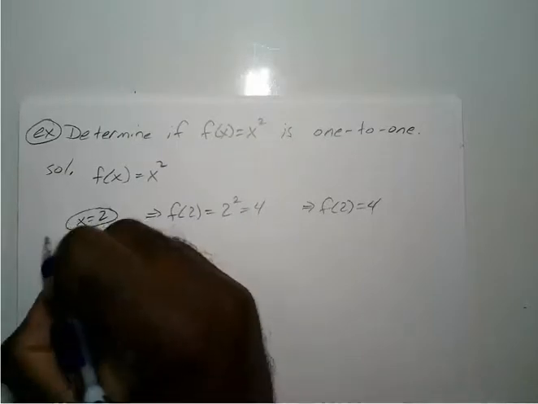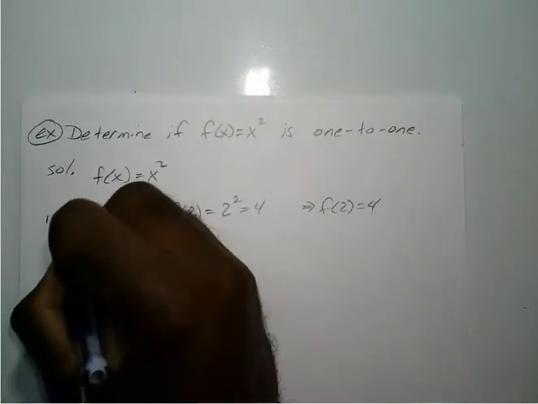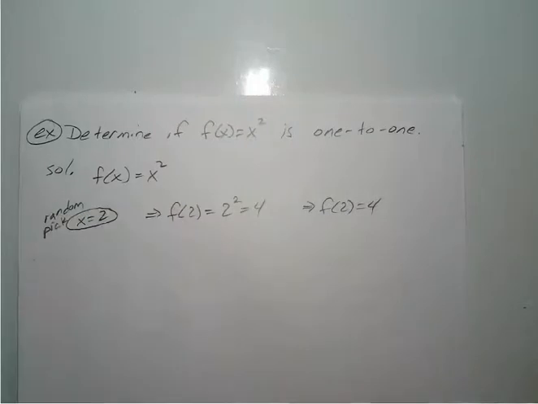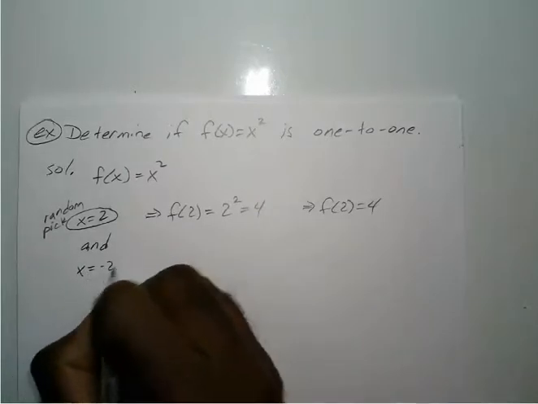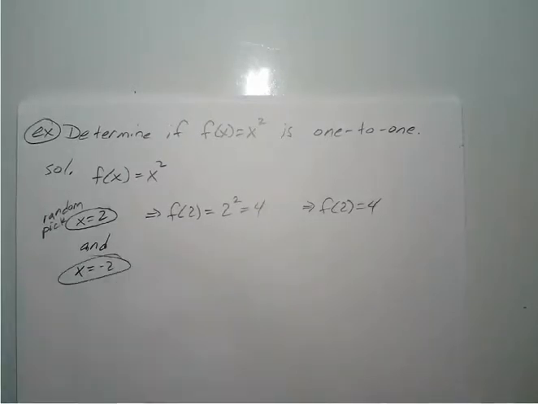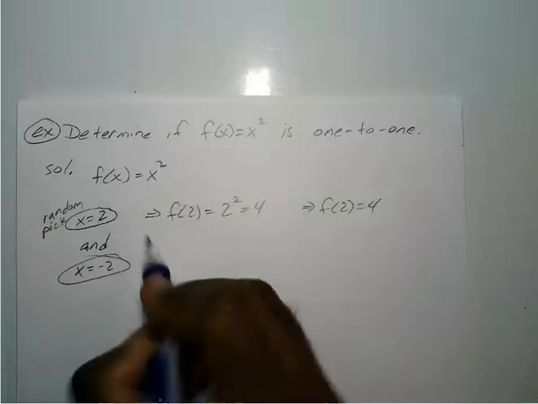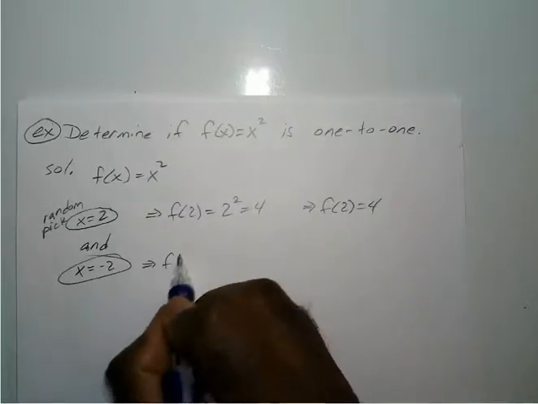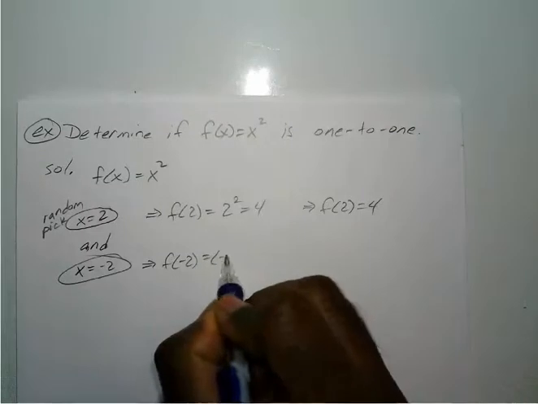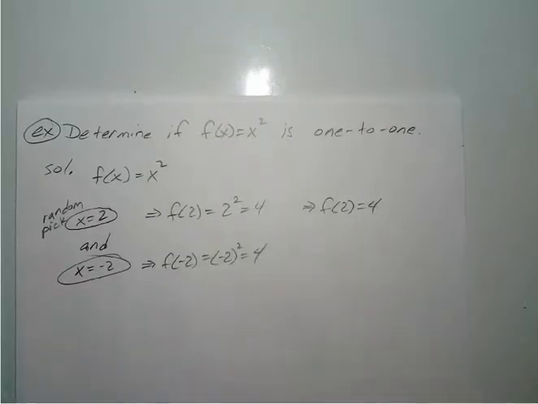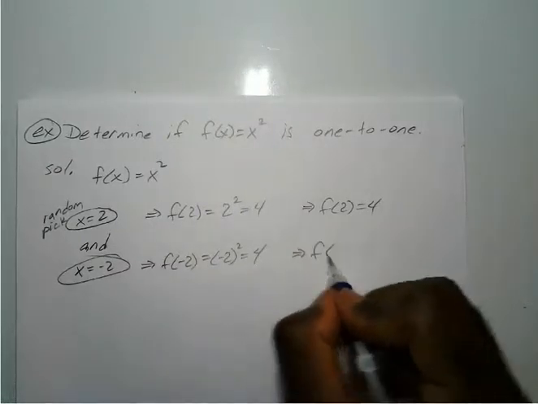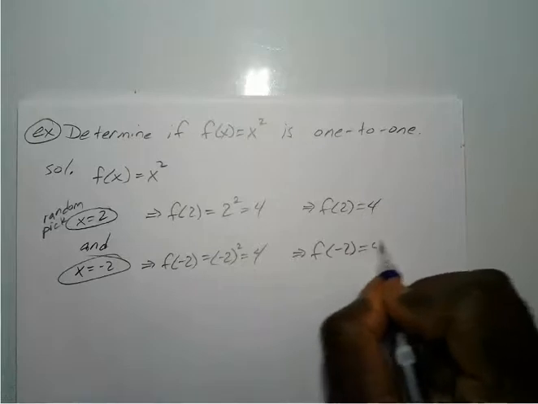And remember, these are just random picks. You don't have to always pick x equals 2. And let's say we have x equals negative 2. That means f of negative 2 is negative 2 squared, which is also 4. So that gives us f of negative 2 equals 4.